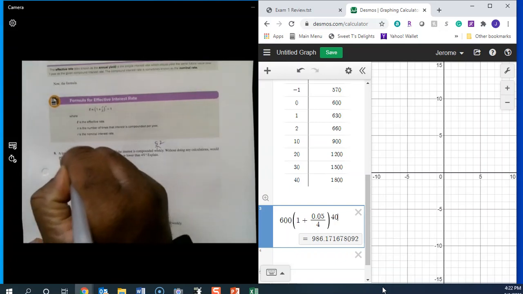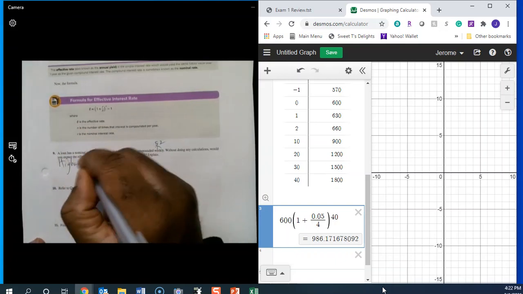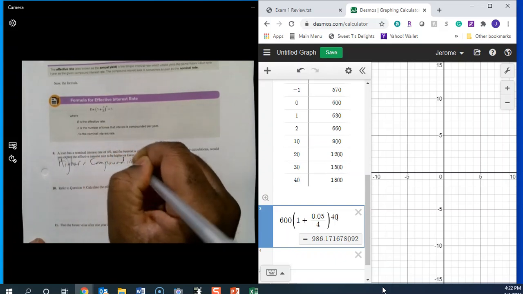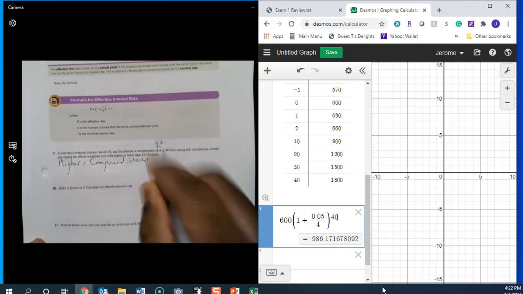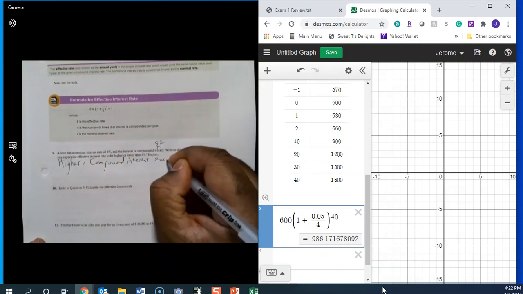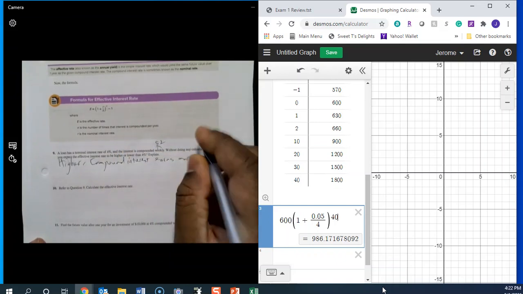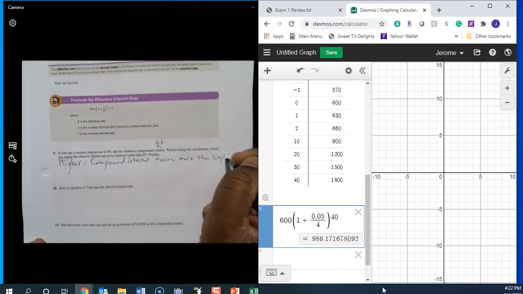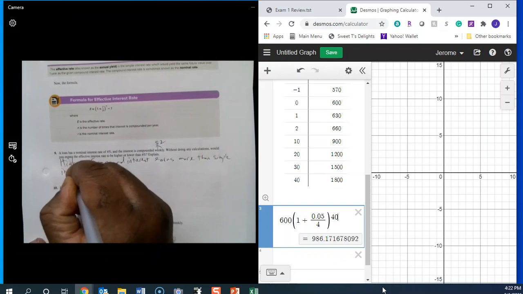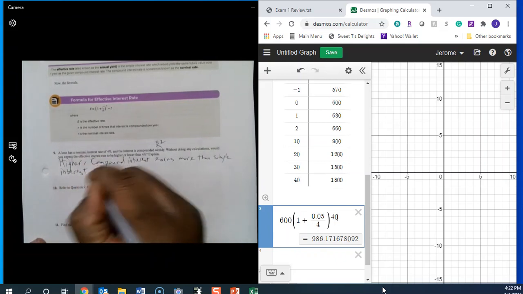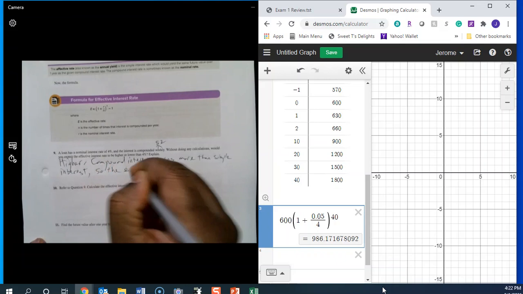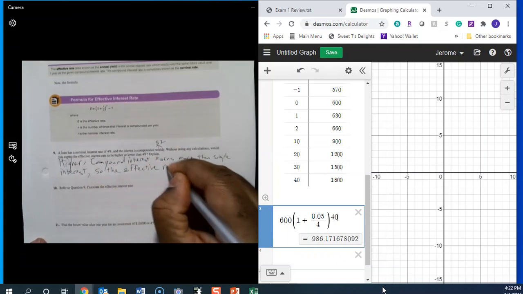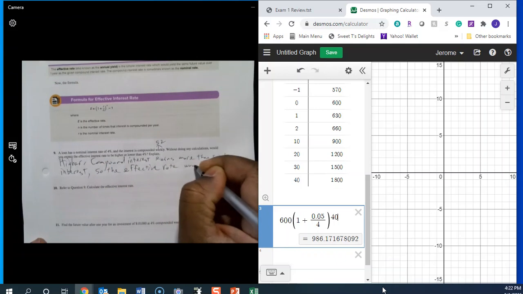I would expect it to be higher because just like we said, compound interest earns more than simple interest. So the effective rate would be higher.